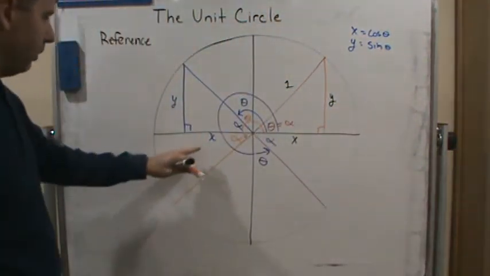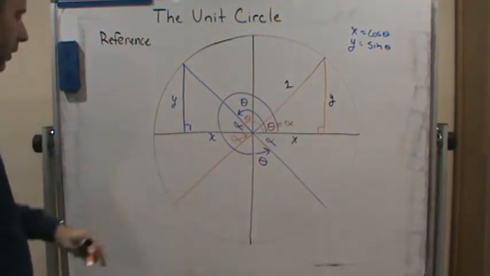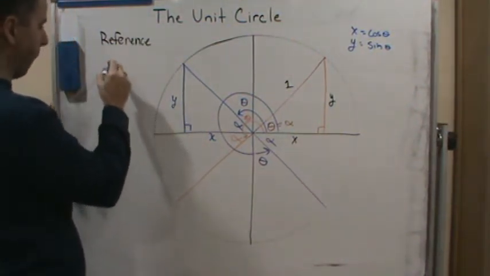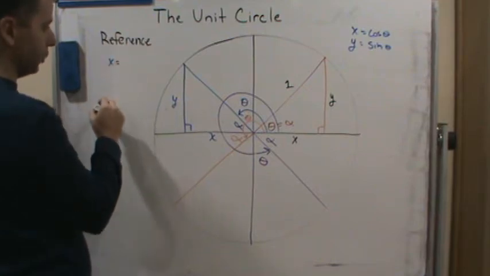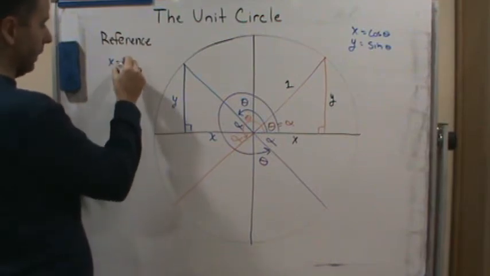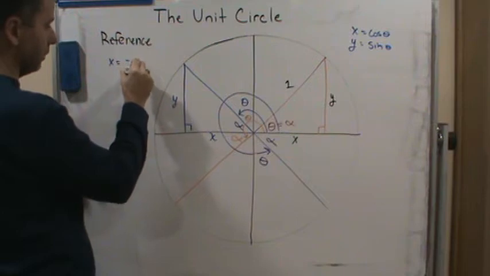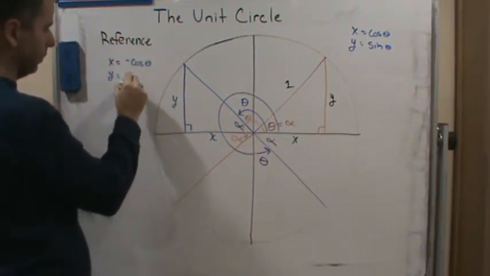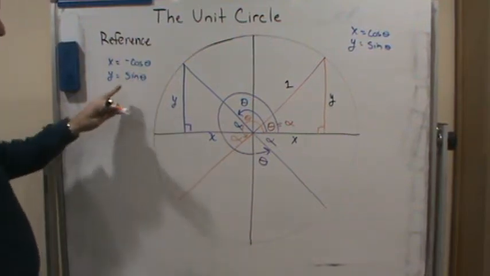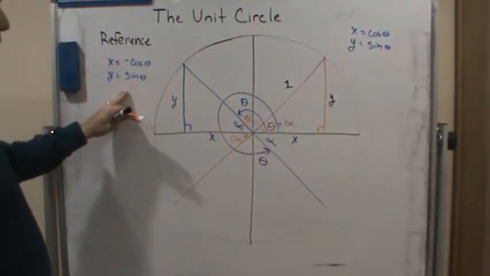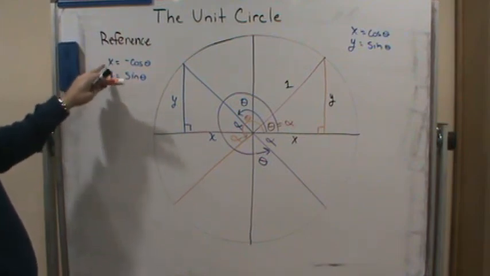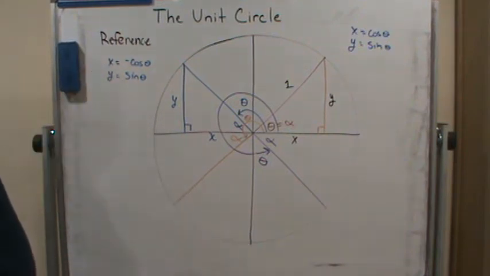But over here, x is negative. So when you're in the second quadrant, x is equal to negative cosine theta, y is equal to sine theta. In quadrant 2, your y's are the same, but your x's are opposite.